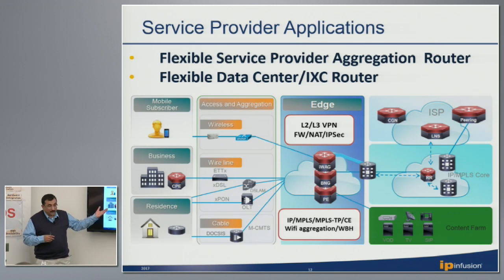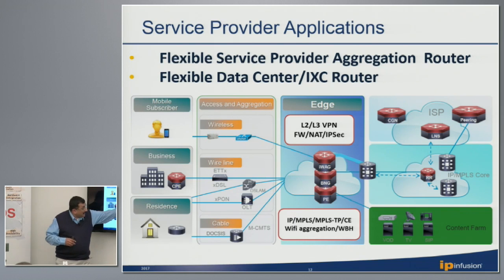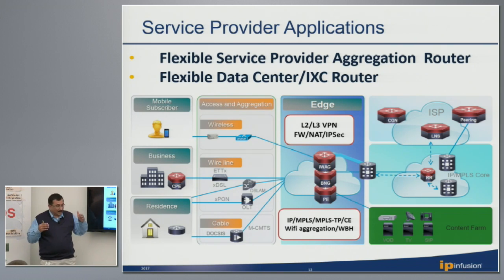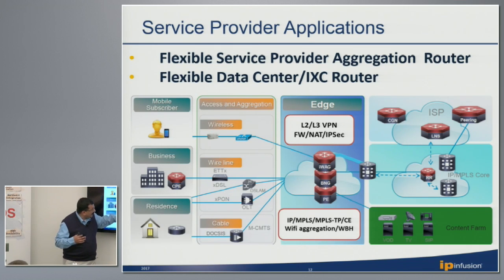So it could make a very good aggregation device, because if you notice here, the OLT and PON networks are all getting deployed at a very fast clip. If you want a perfect box that could act like an aggregation device, that could bring in LTE, DSLAM, as well as CMTS in a multi-access transport environment, you could make the case.